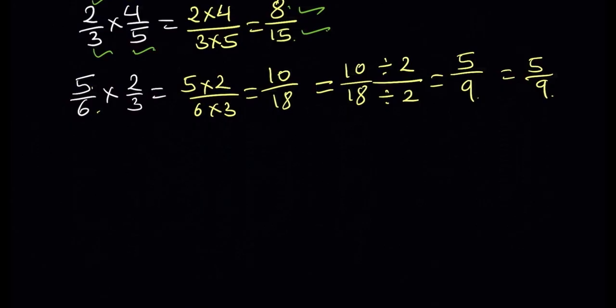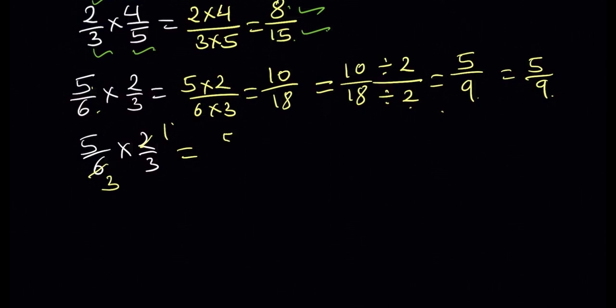We could have done this step before. Our question is 5 by 6 into 2 by 3. Our numerator is 2 and denominator is 6. Both are divisible by 2, so we can cut them: 2 by 1 and 2 by 3.